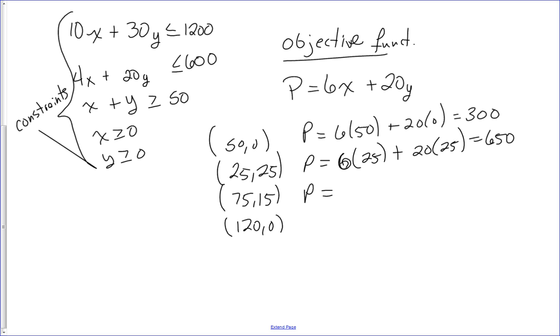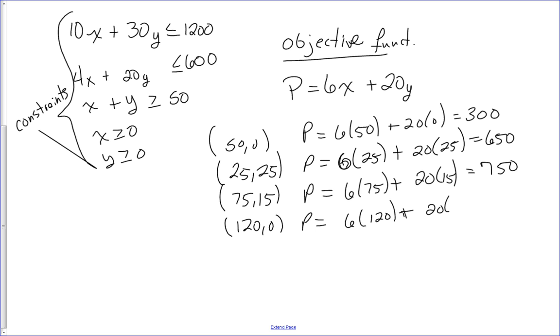P equals 6 times 75 plus 20 times 15, that'll give us 750. And test the last one, 6 times 120 plus 20 times 0 equals 720.